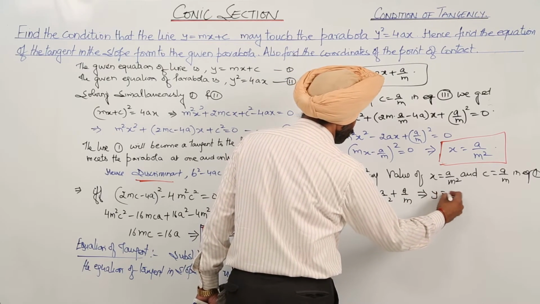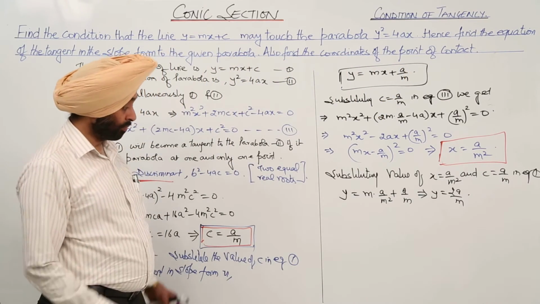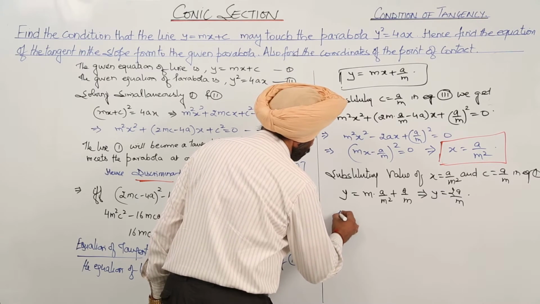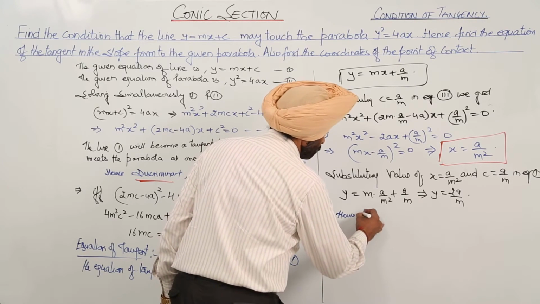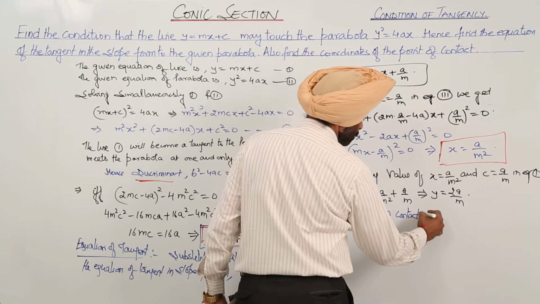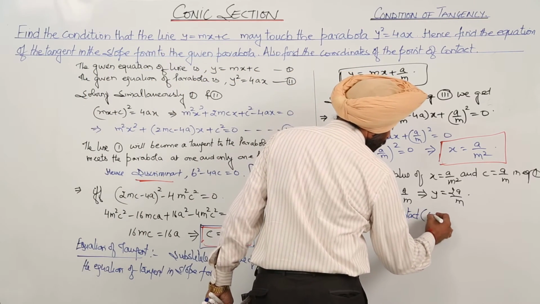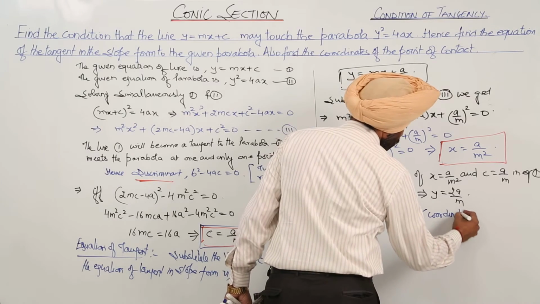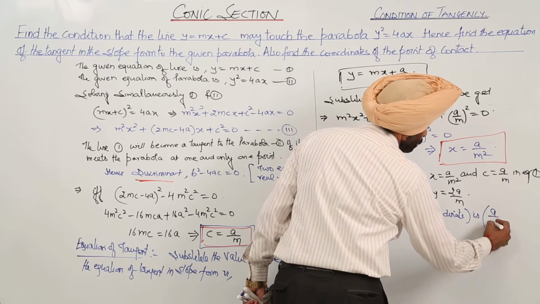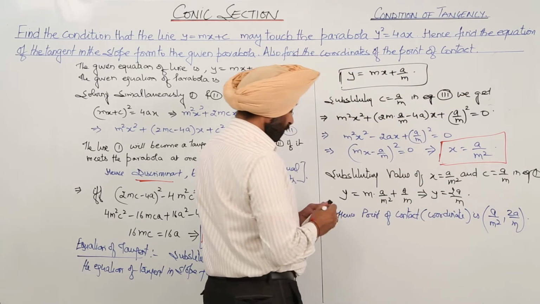Now y becomes twice of a upon m. Hence the point of contact, the coordinates of the point of contact, are the value of x and value of y, that is a upon m square and 2a upon m.